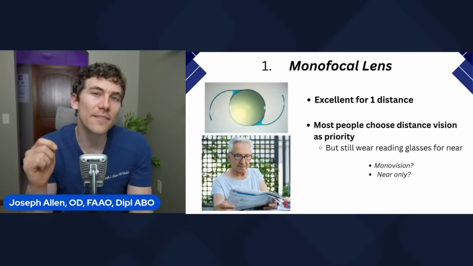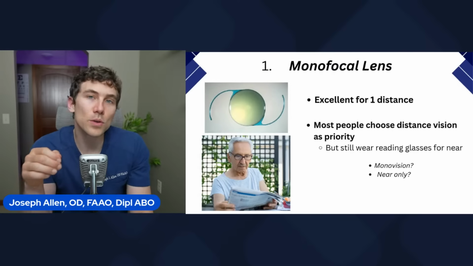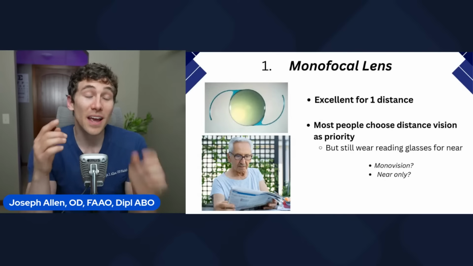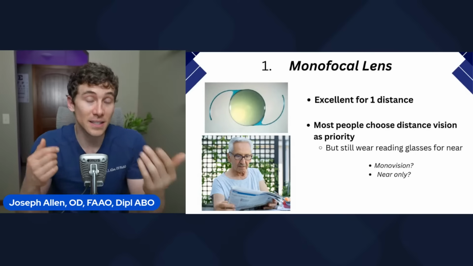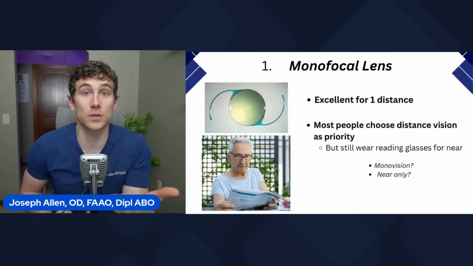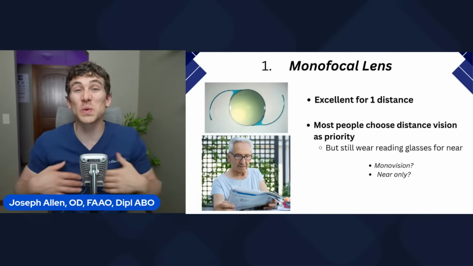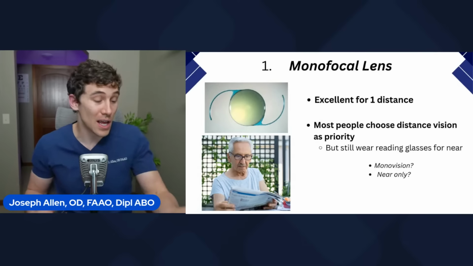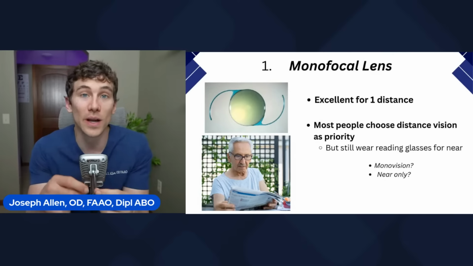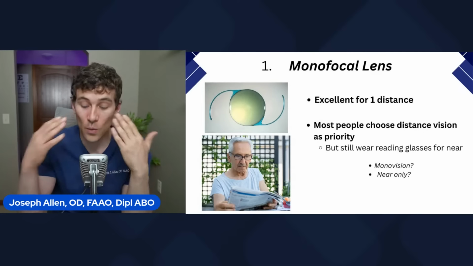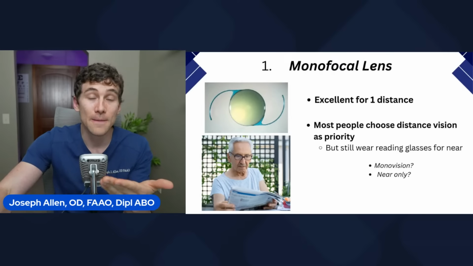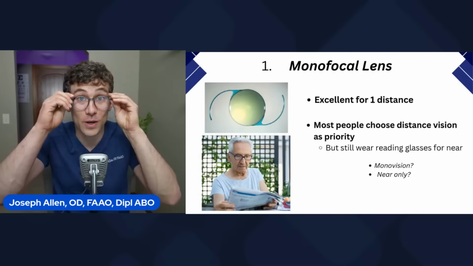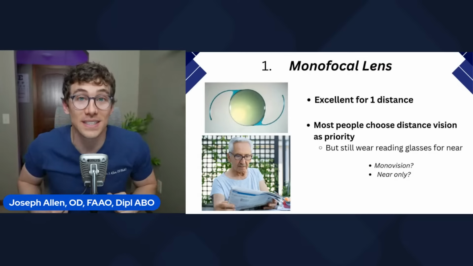Some people, and it's not very common, and I think most surgeons recommend patients not do it, but there is the option to have both their eyes set for up close. That means that if you're somebody who reads all day long, like you spend 8+ hours a day looking at something up close, reading, doing a hobby, and you would rather not wear glasses when looking up close, then you can choose to have both eyes set for up close and then just wear glasses to view in the distance.